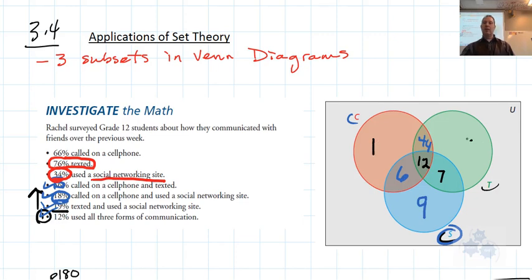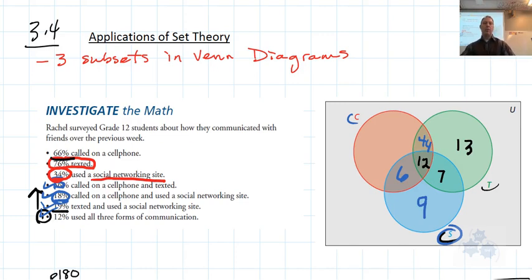Text it, thank you. Oh, okay, sorry, I was looking at cell phone here. So 44 and 12 is 56, and 7 would be 63. Going to 76 for the texting. Yeah, 13. Let's use black for that one. Okay, 13 goes in there. So all of these numbers here, here, here, and here have to add up to 76.